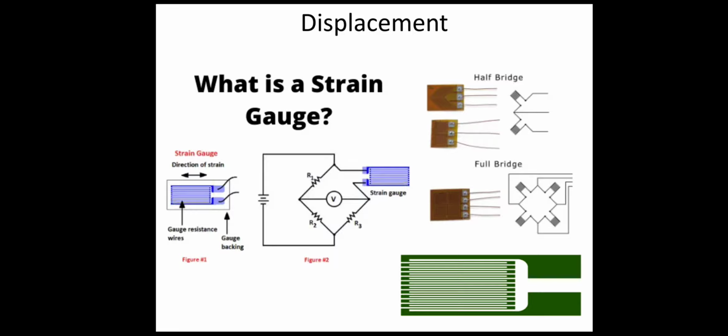The strain gauge is mounted on the measured surface so that it contacts with the surface.